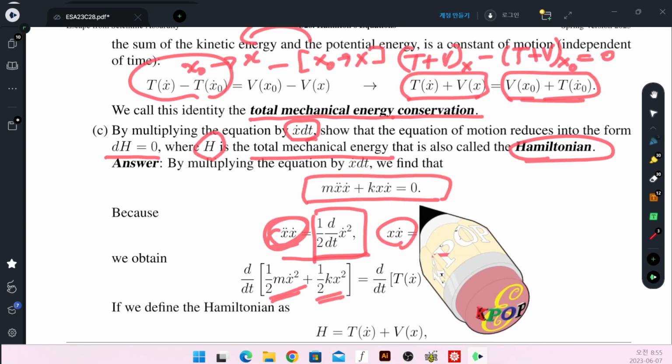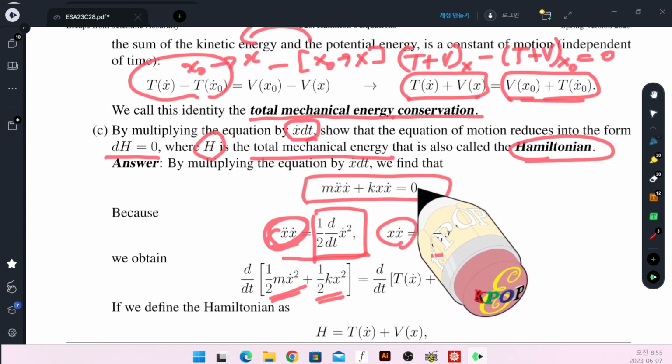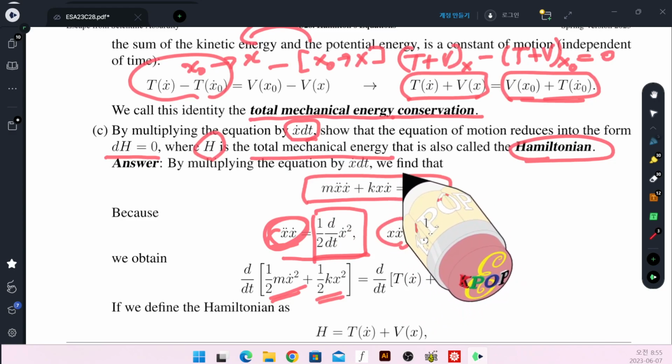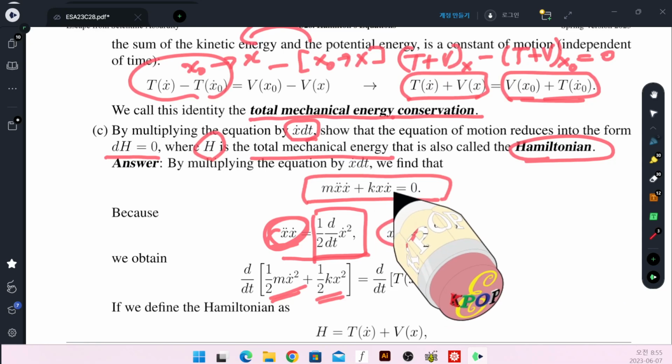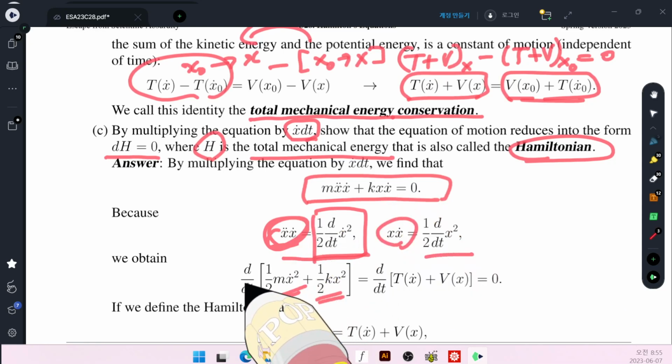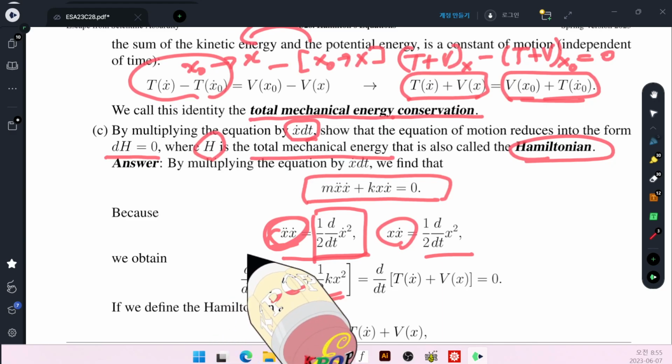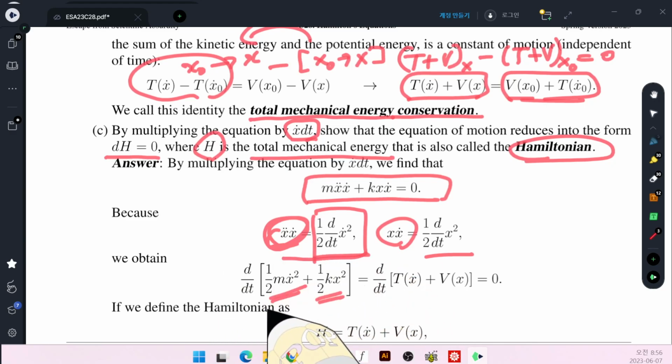So this is from the equation of motion by multiplying the velocity, that is, to compute the power, and that represents a very simple equation. The time derivative of the total mechanical energy is zero.